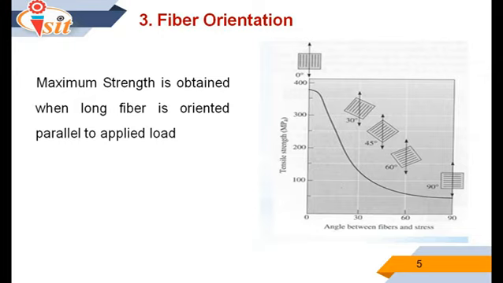Sometimes if we wind the fiber at 45-degree inclination, we also get good shear strength, but that will be a case-to-case study for different kinds of fibers. For 90 degrees, we get the lowest strength for that fiber. This is the general study related to glass fiber.